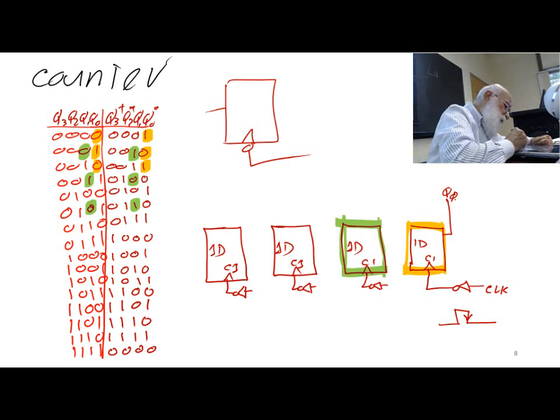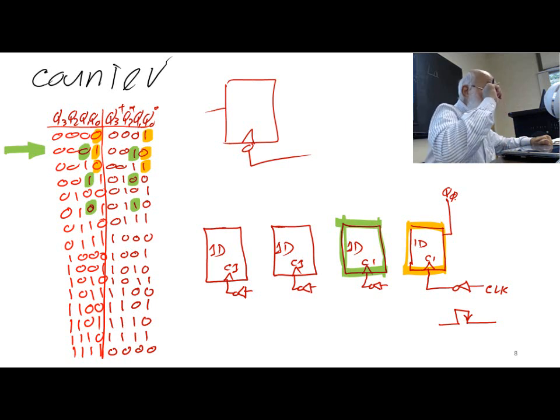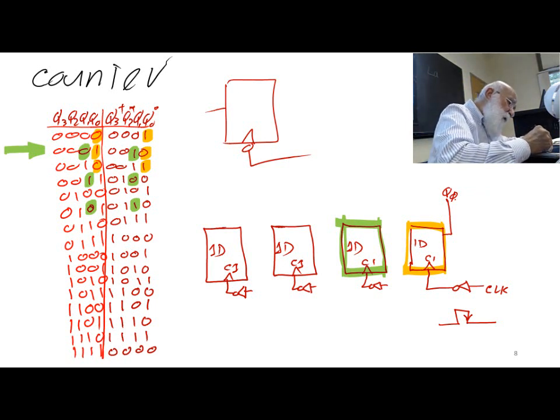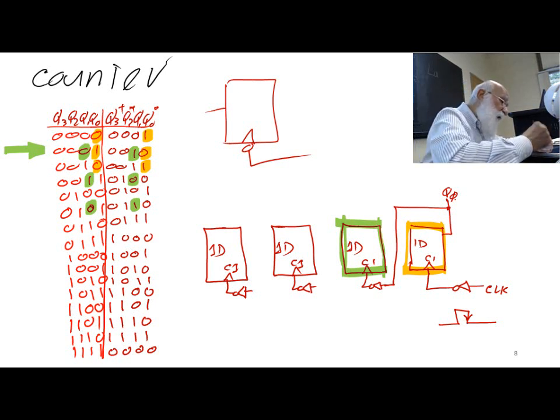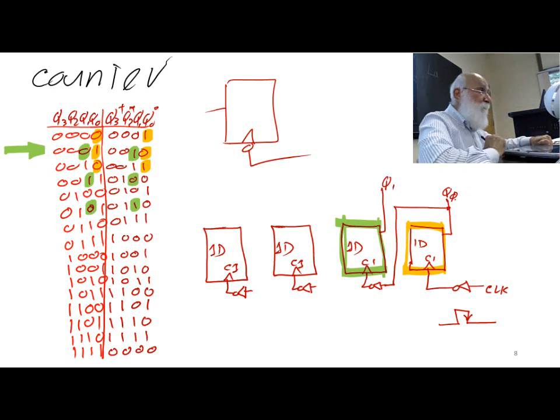Okay, see here, it's toggling, right? Look at the orange blocks. It is toggling when the Q0 is going from 1 to 0. So this is what I'm going to do. I'm going to take the output of Q0, put it into the clock of this one. And this becomes my Q1.